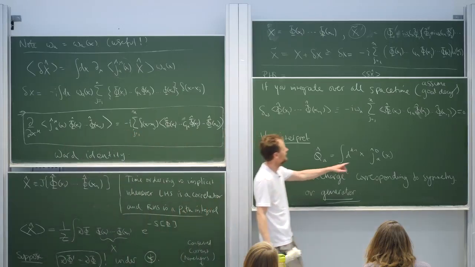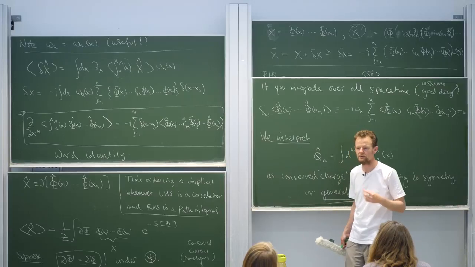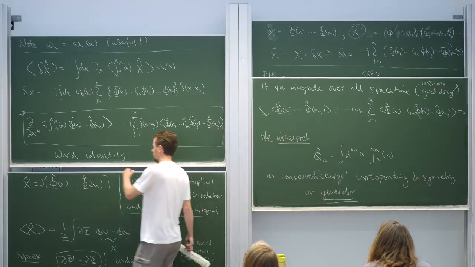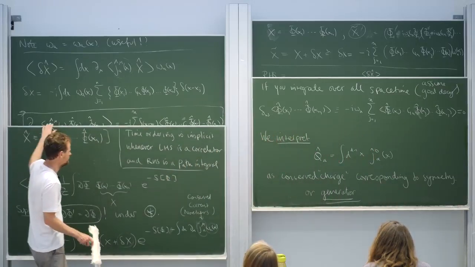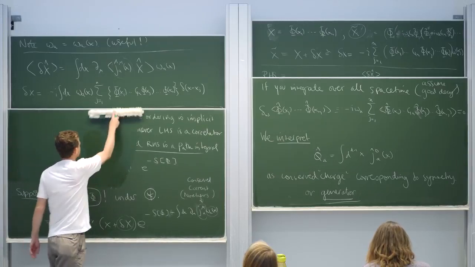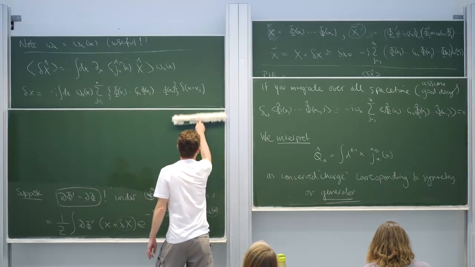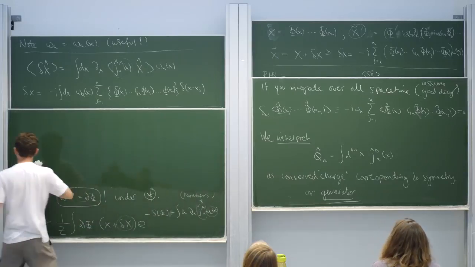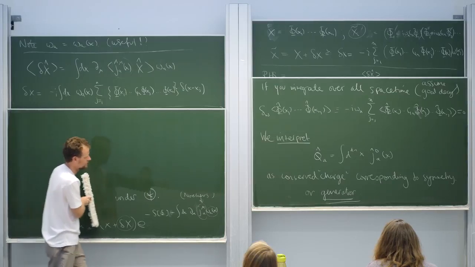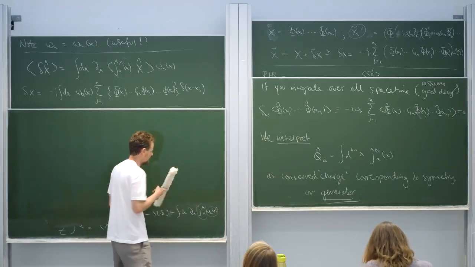So remember J, the conserved current, has an expression in terms of the fields in Noether's theorem, if you take a look. So we found how to write the generator of a symmetry in terms of quantum fields. We now know the quantum expression for the generator.